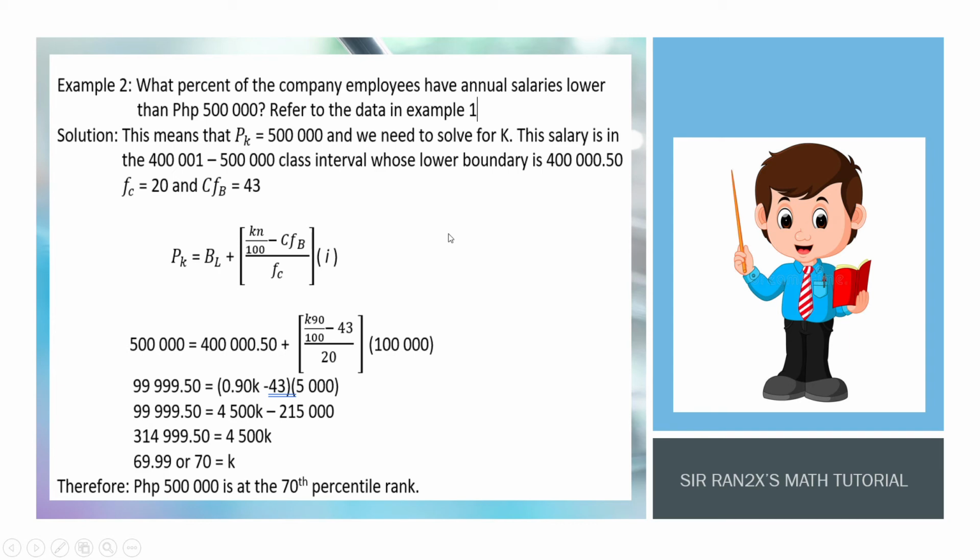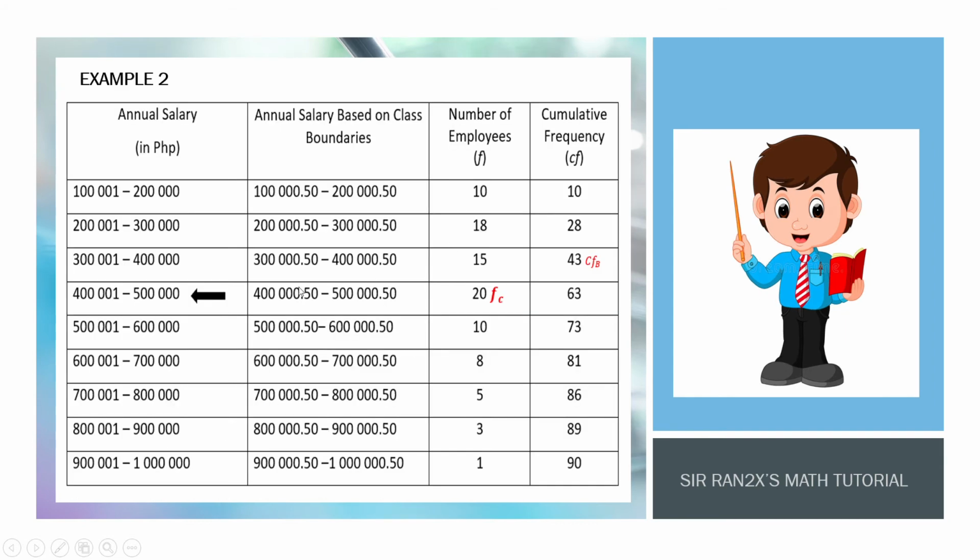Let's check where we can see that 500,000. It's in the 400,001 to 500,000 class interval. That is where the 500,000 belongs, so we consider this as our class interval.